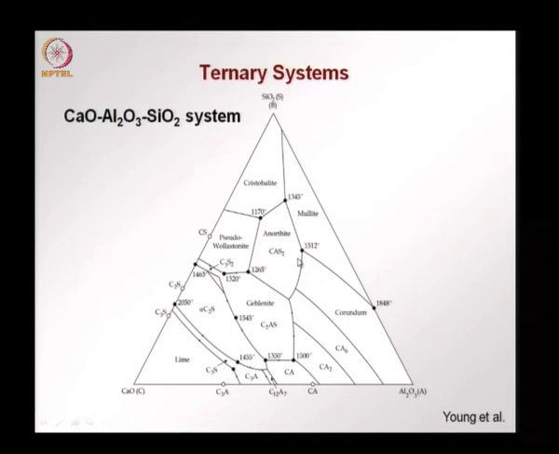So, as opposed to the binary phase diagram which had temperature on the y axis and composition on the x axis, here we have only composition represented in the ternary system, and we have the ternary system being used to demarcate different regions corresponding to different properties.